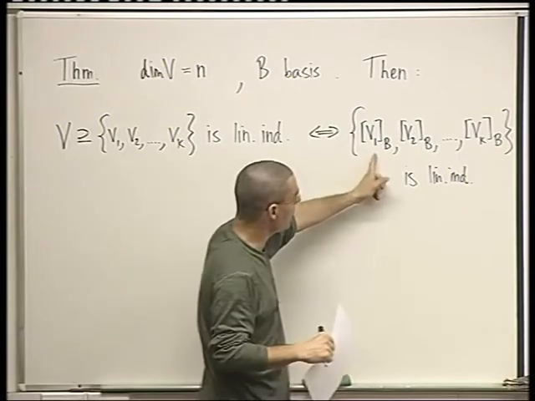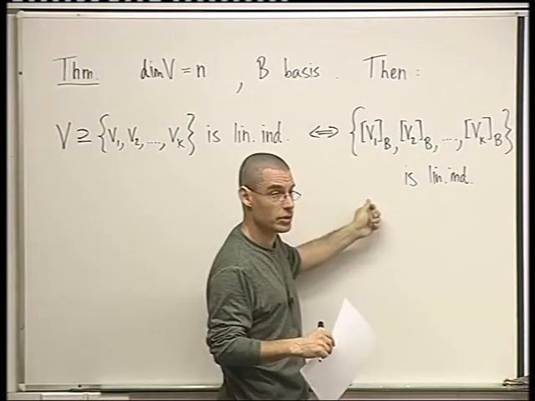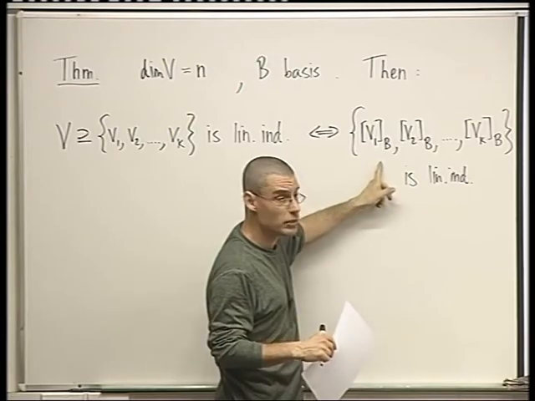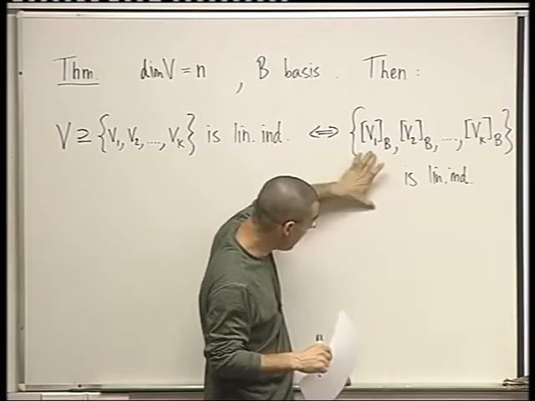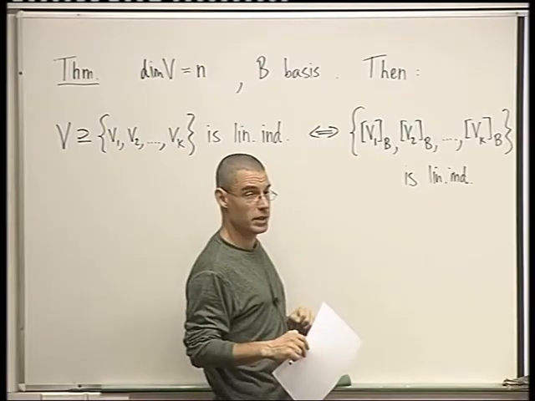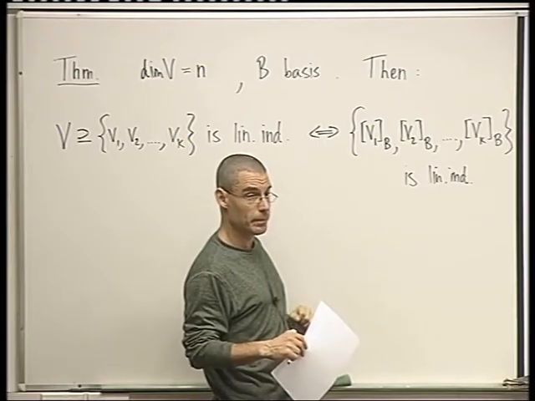These are still going to be column vectors. They're no longer going to be 2 by 2 matrices. They're just going to be columns listing the alphas, which are the coefficients. Do you see that? Okay.